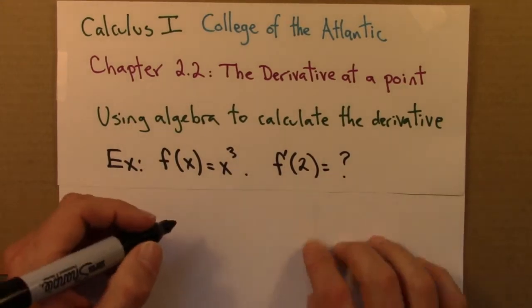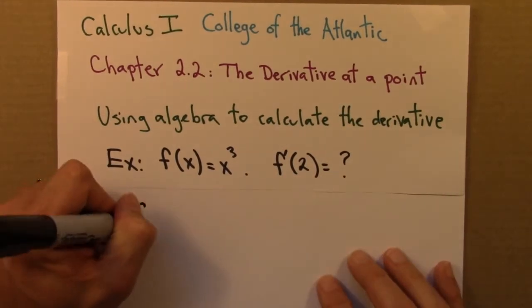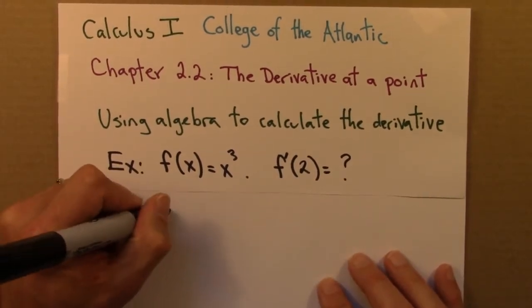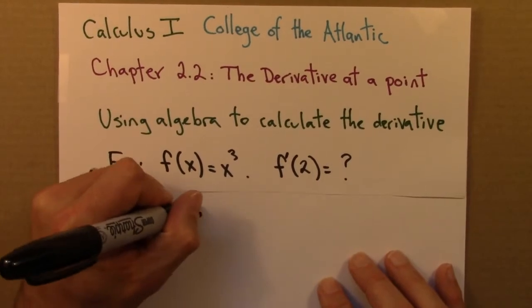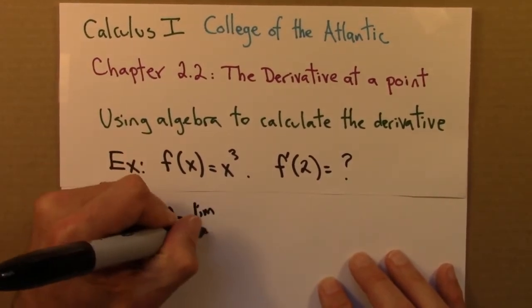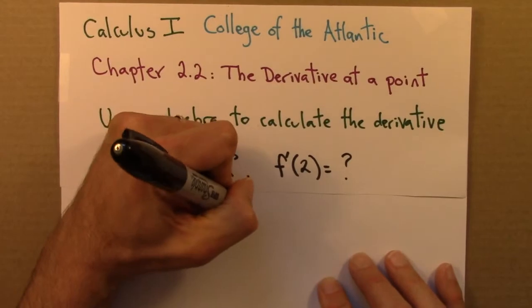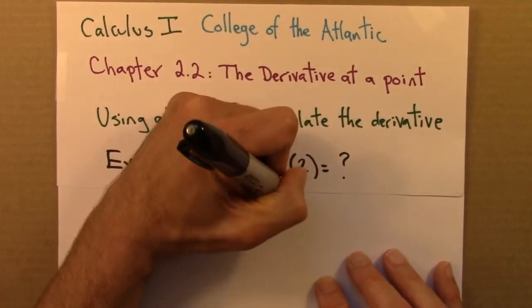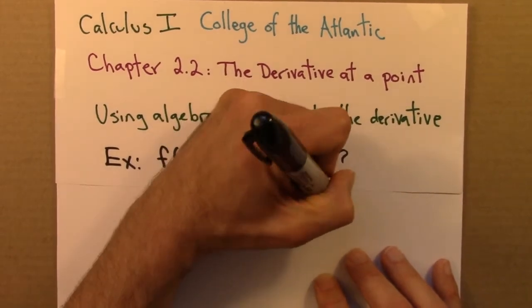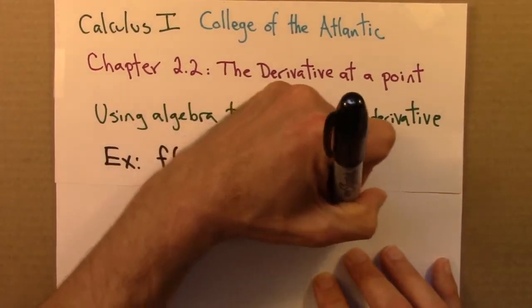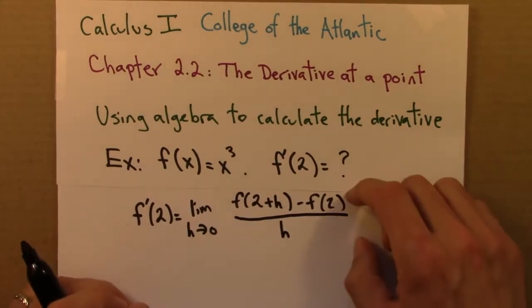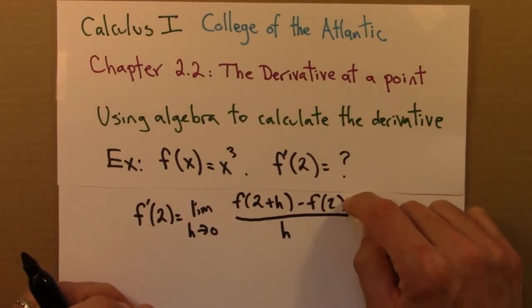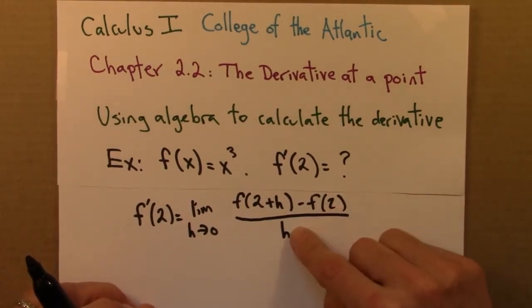So we start by writing down the definition of the derivative. The derivative of a function at x equals 2 is the limit, as h gets closer and closer to 0, of this difference quotient. So this is just the change in the function, delta y, and this is delta x.